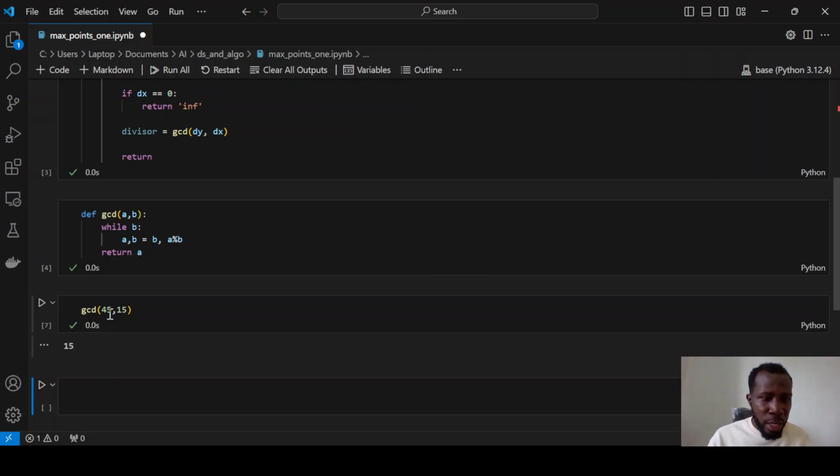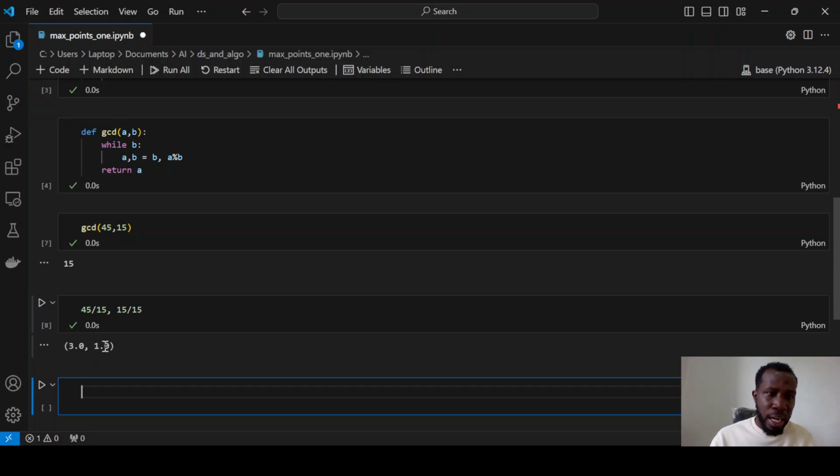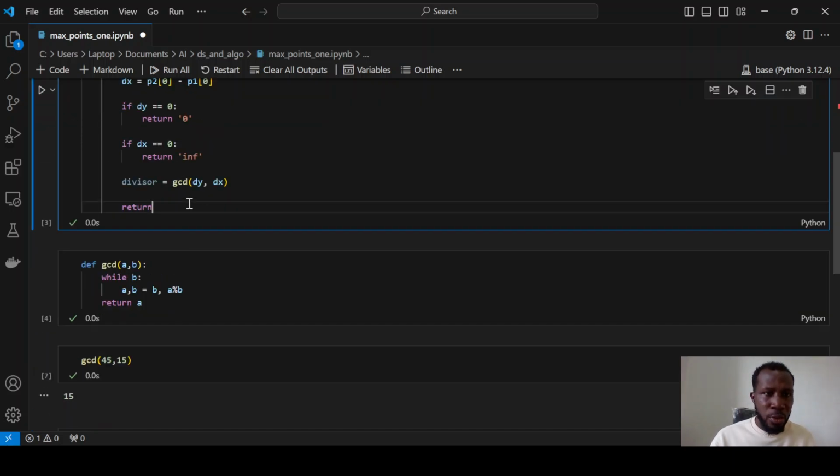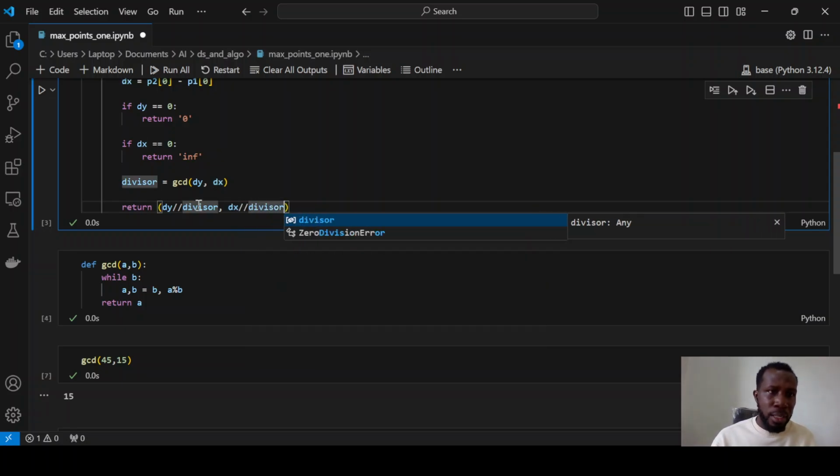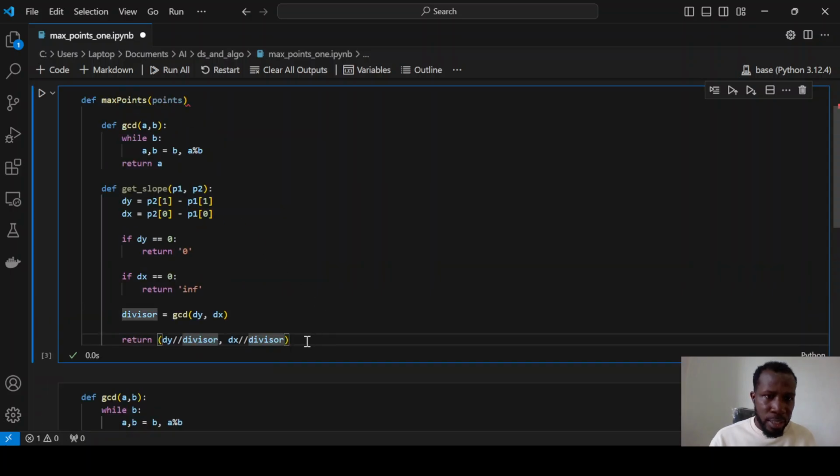So we are going to see how we can reduce this to give us 3 and 1, which means each of the numbers has to be divided by the divisor: 45 divided by 15, and 15 divided by 15, which will give us 3 and 1. So dy has to be divided by the divisor, and now dx has to be divided by the divisor. Something like this. So these are the two functions.